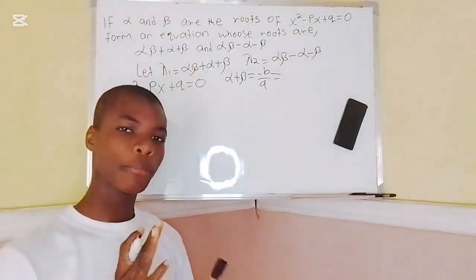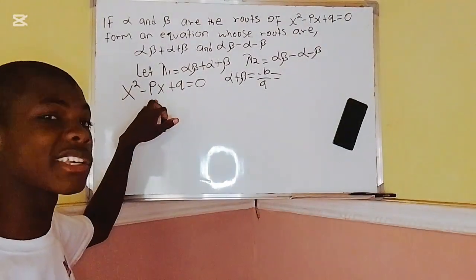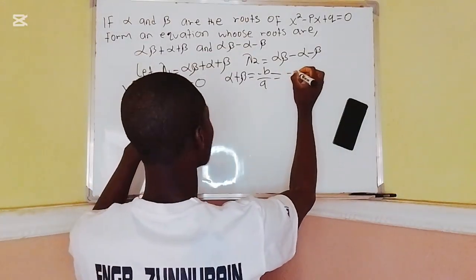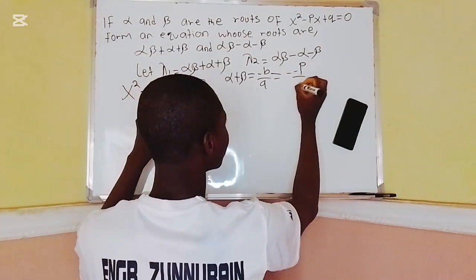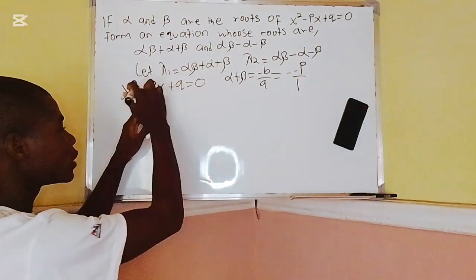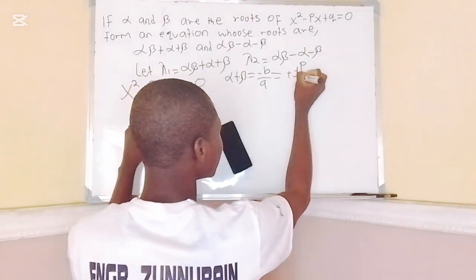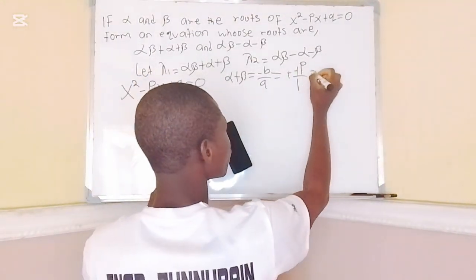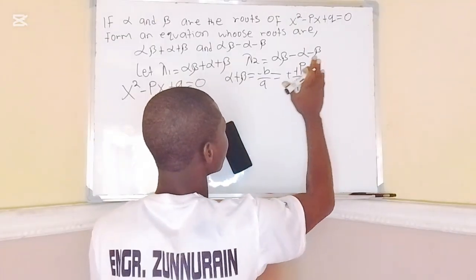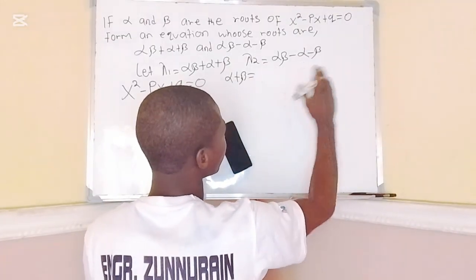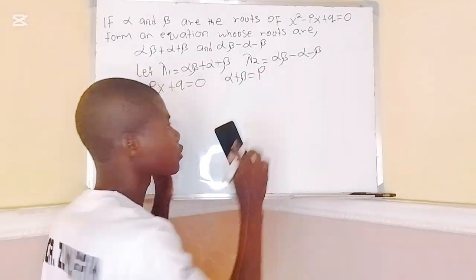The coefficient of b is p, so minus p divided by 1, since a, the coefficient of x squared, is 1. The negative becomes positive, so it equals p. So the sum of the roots is equal to p.